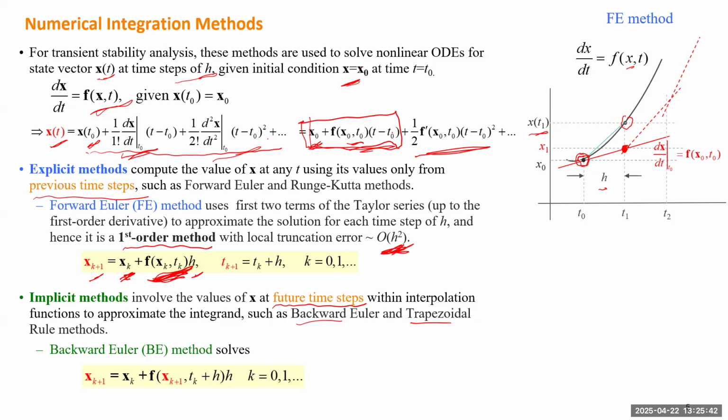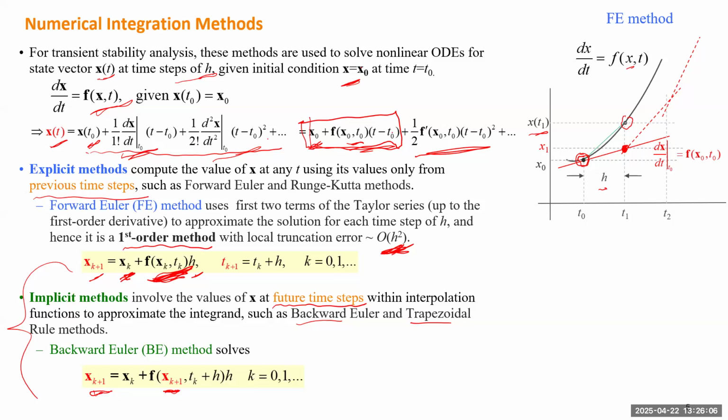But if you compare those two, the key difference is that in the forward Euler method, everything on the right-hand side of the equation is already known, so it takes values from the previous step. But for the backward Euler method, you need to plug in a future value. This is exactly what you want to compute.